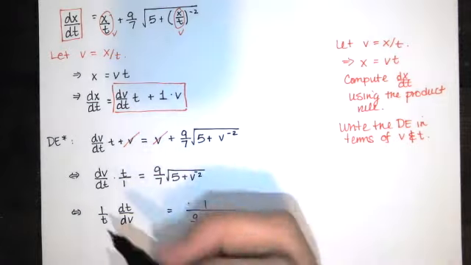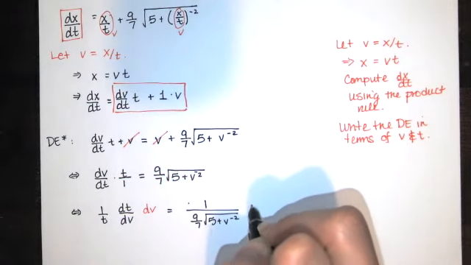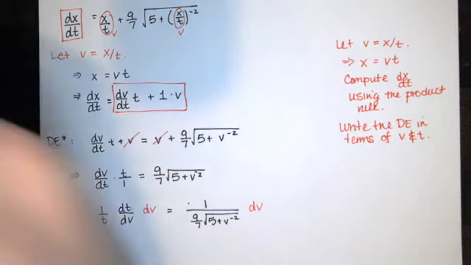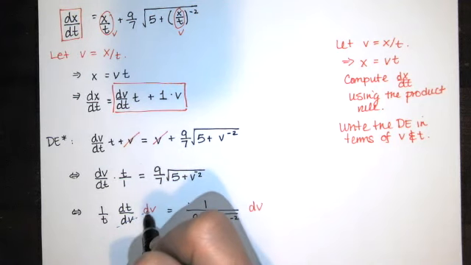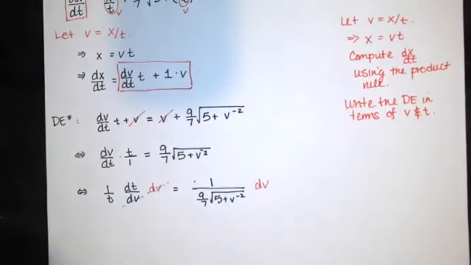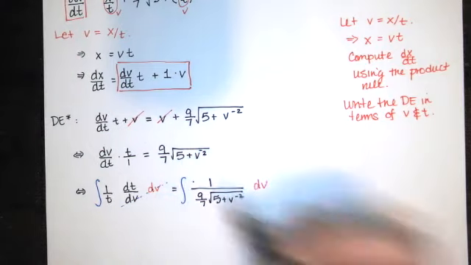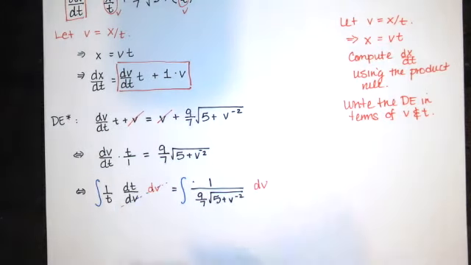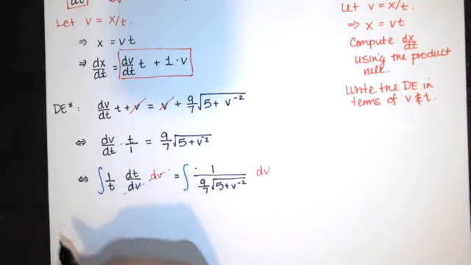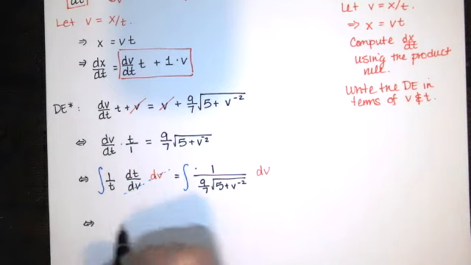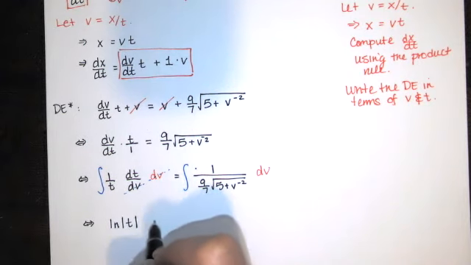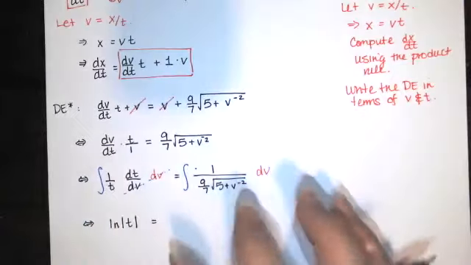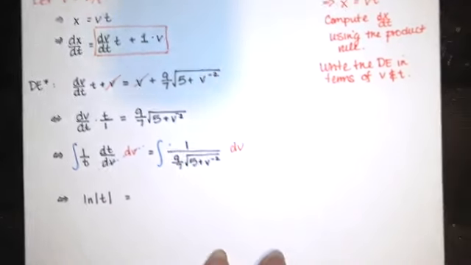And I want all the v's on this side, so I'll multiply both sides by dv. It's like they're canceling out, though not exactly. And then we want to anti-differentiate each side with respect to the variable that's there. The antiderivative of 1 over t with respect to t is just natural log of the absolute value of t plus a constant. We're going to let the constant on this side absorb the constant from that side.